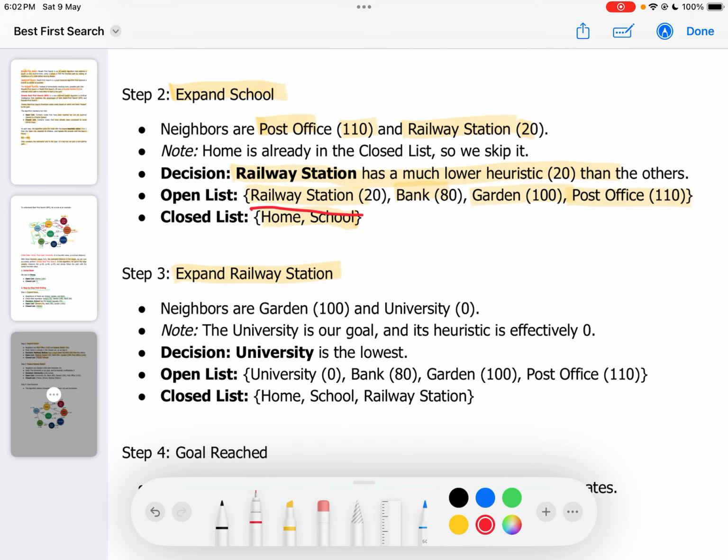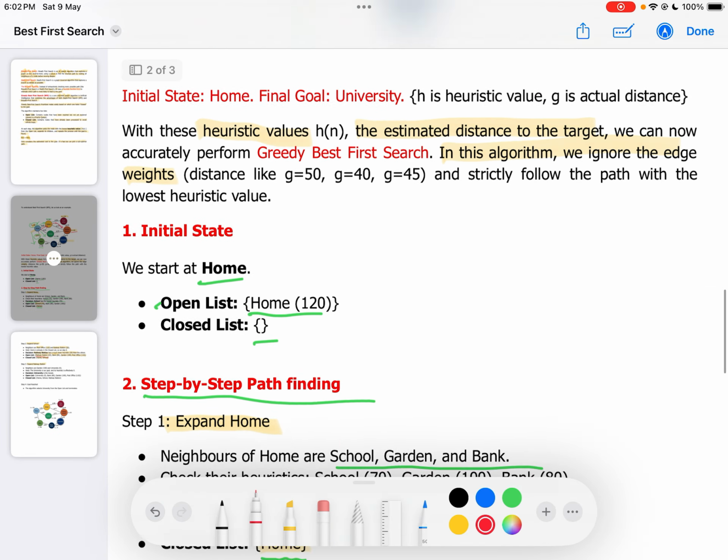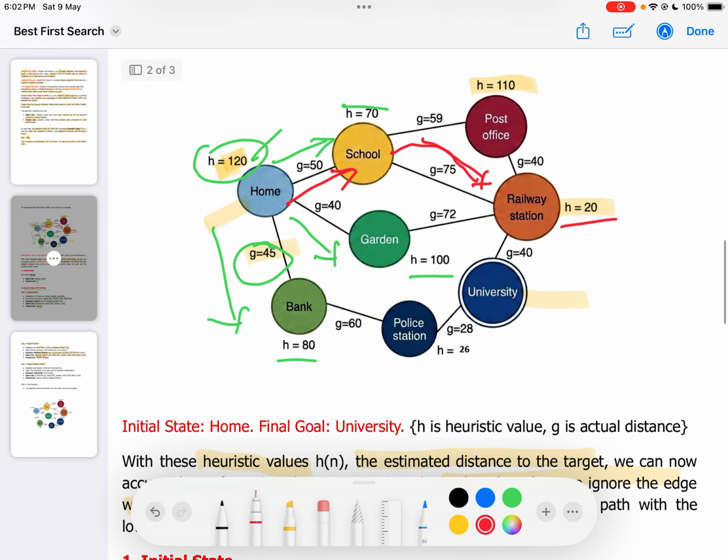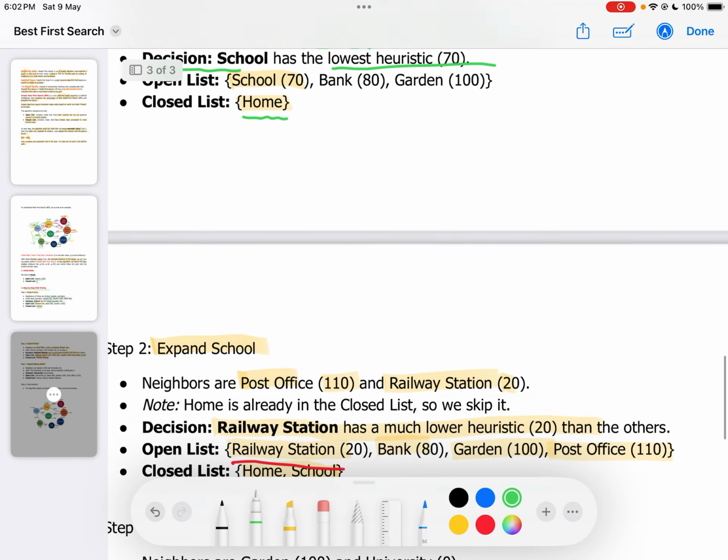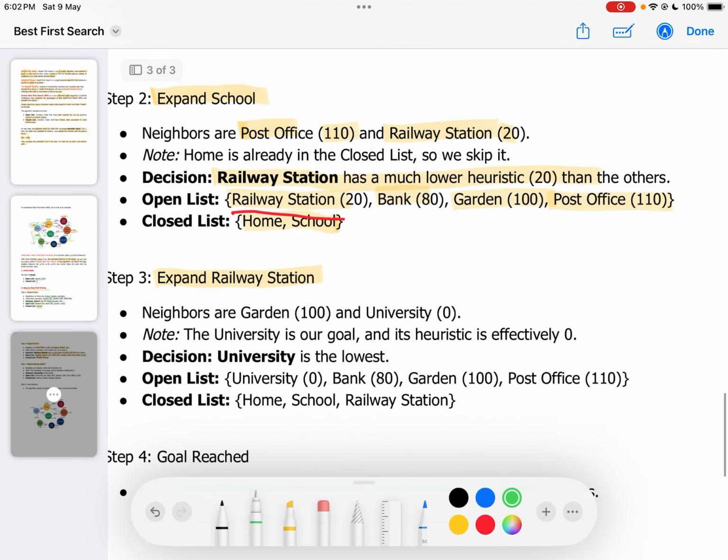Now let's see. From this railway station, the neighbors are garden and university.